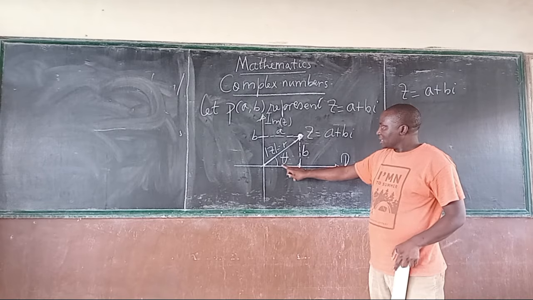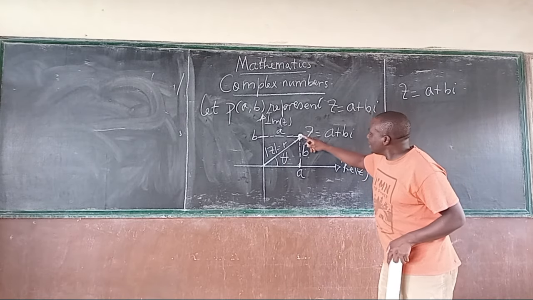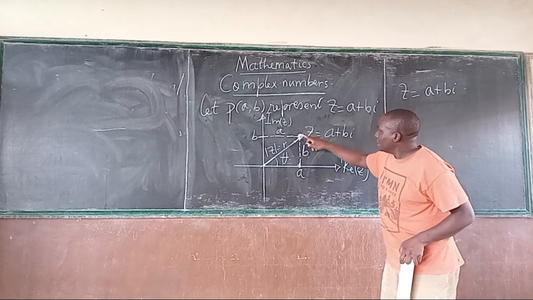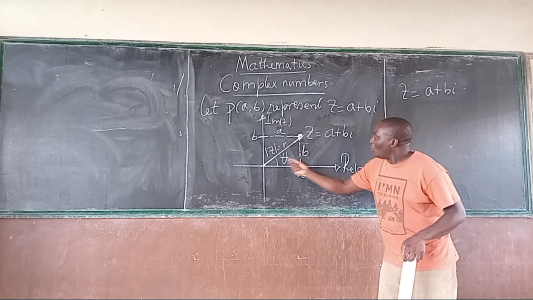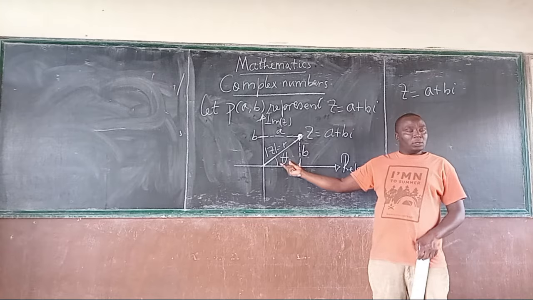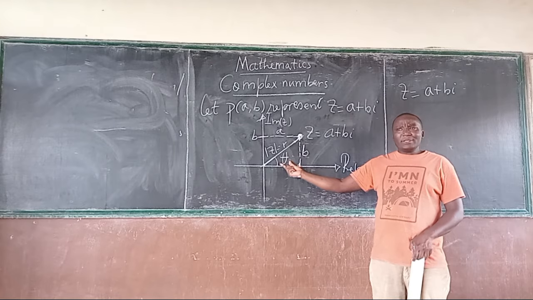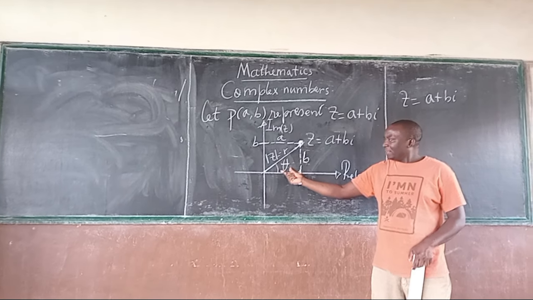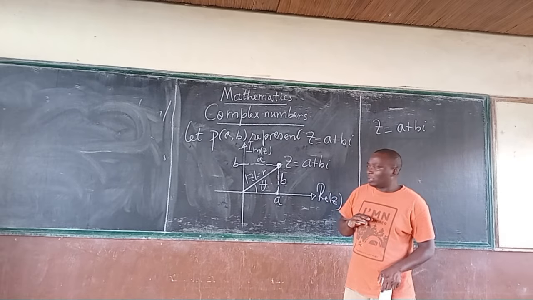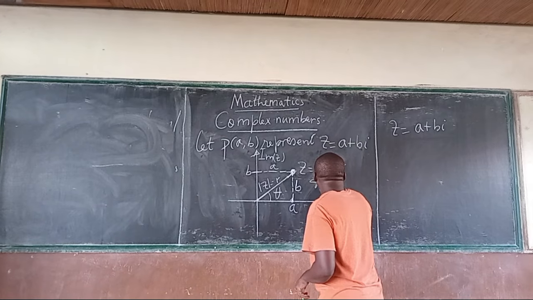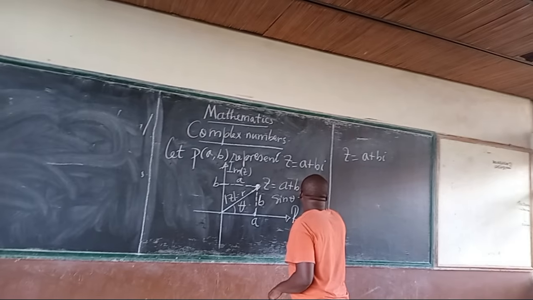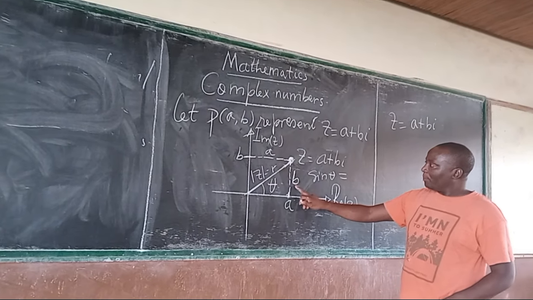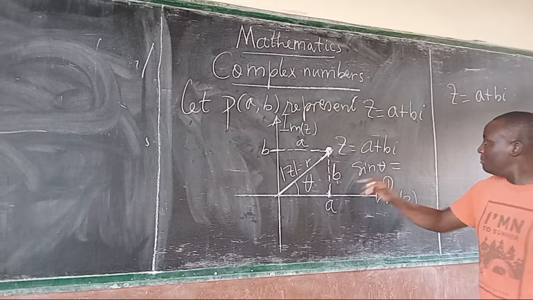I mean, teachers, as you see, this small part of line B is like the opposite side of an angle. When I say opposite side of an angle, it is known from the concept of trigonometry, sine of an angle theta must be the same as its opposite side.